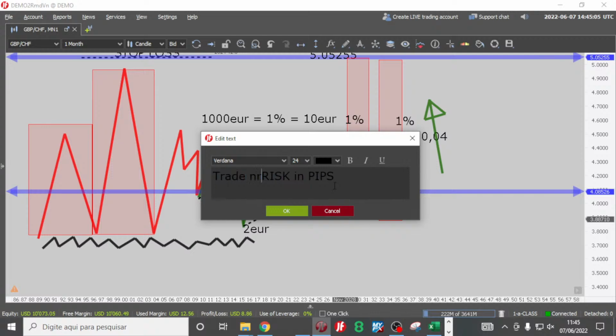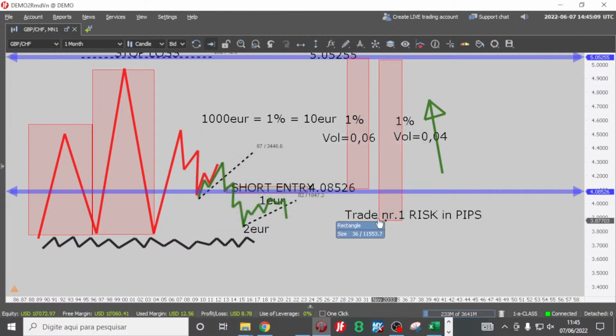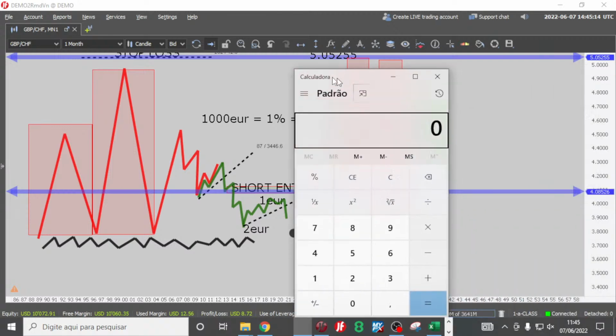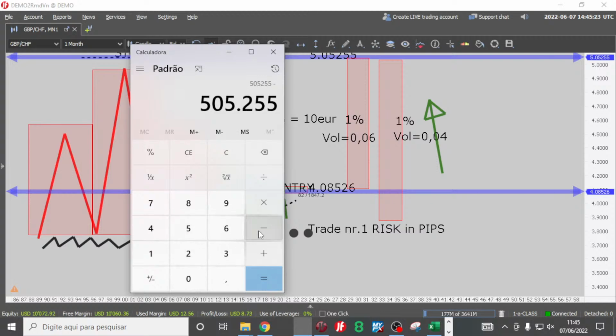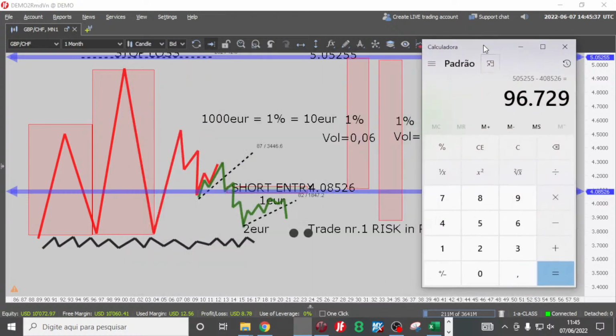So, trade number one. Trade number one, risking pips, everybody. And so, without the comma, 505,255 minus 408,526 gives us, it's just an example, don't bother with the numbers, we are risking 96,729.